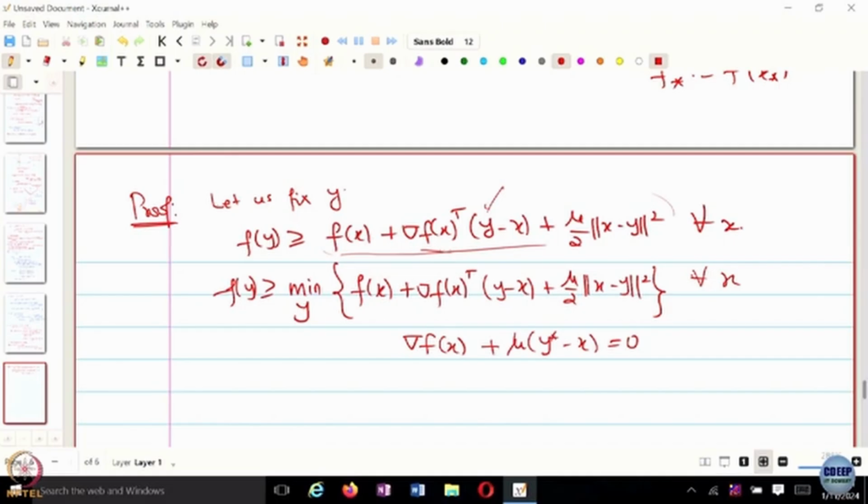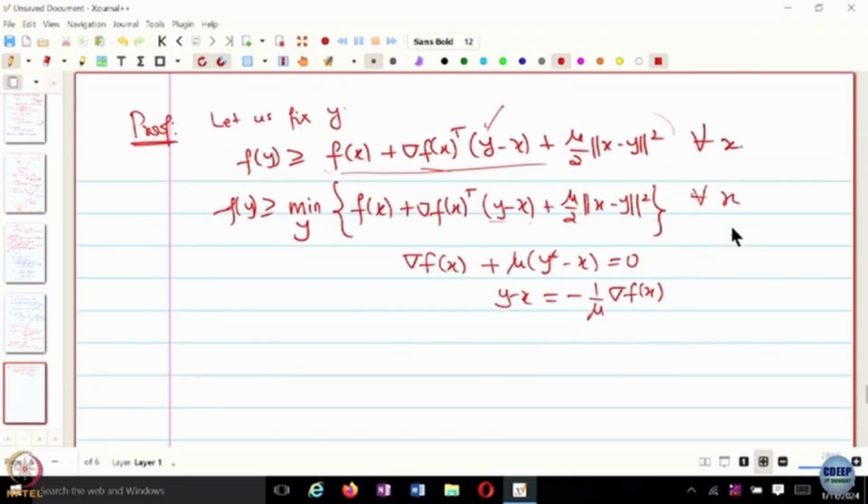Okay, so which basically tells you that y at the optimal solution, y minus x, is negative 1 over mu times the gradient.